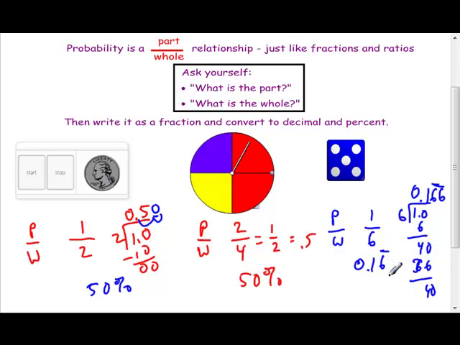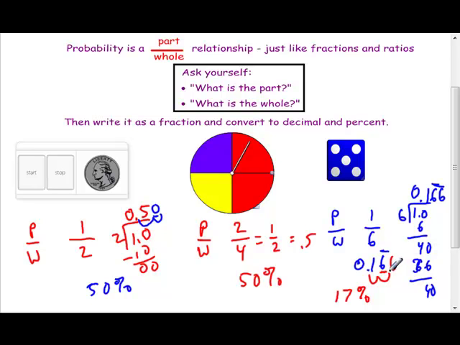So we have to figure out how to turn this into a percent. Well, we move it over 2 places so that we find our hundredths place, and let's round this up. So instead of 16%, this is 17%, because we know that this 6 keeps repeating.